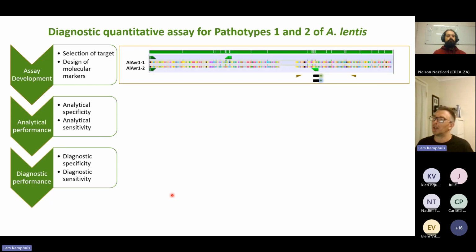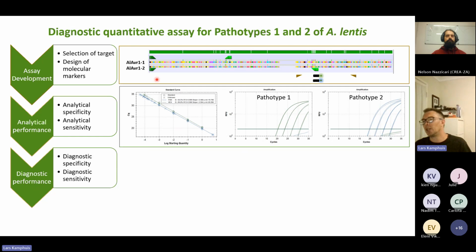We designed primers that are conserved across all the variants of the ALAVR1 gene, and then designed different fluorophores that are diagnostic between those that are recognized and those that are not recognized by the resistance source in PBO, Hurricane, and Bolt.